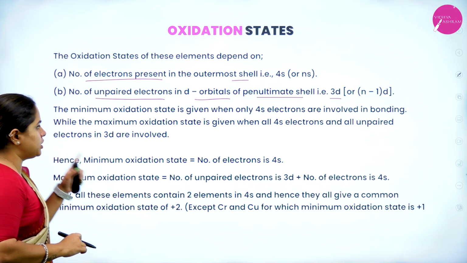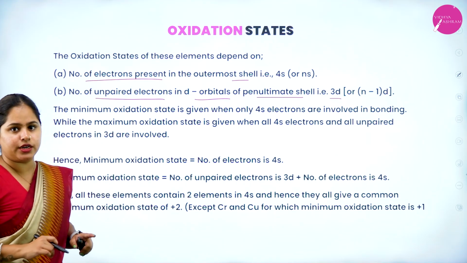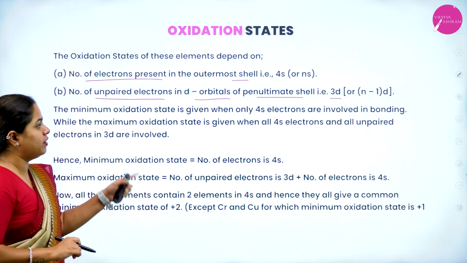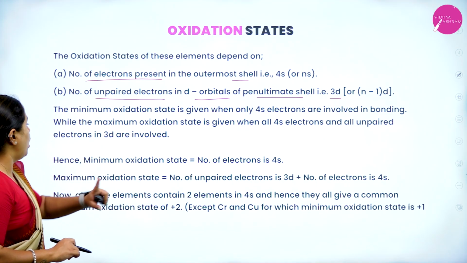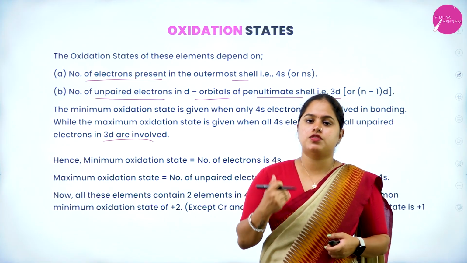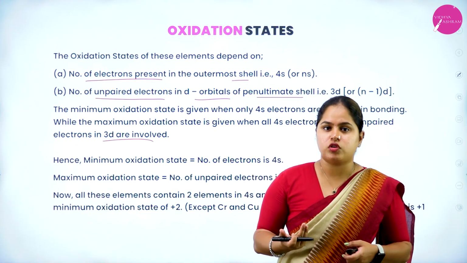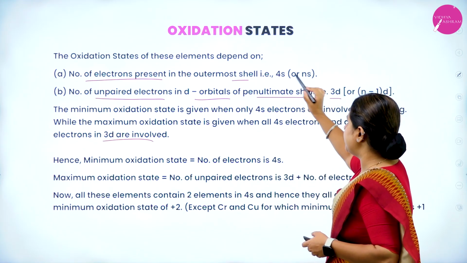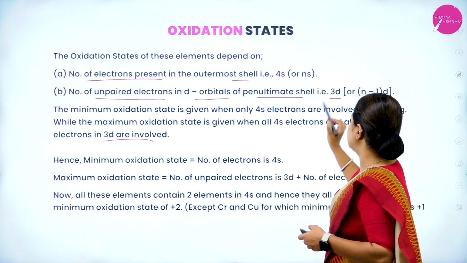The minimum oxidation state is given when only 4s electrons are involved in bonding, while the maximum oxidation state is given when all 4s electrons and all unpaired electrons in 3d are involved. So what does that mean? Which are the factors contributing to the n number of oxidation states of d block elements? One is the presence of electrons in 4s and another is in 3d.